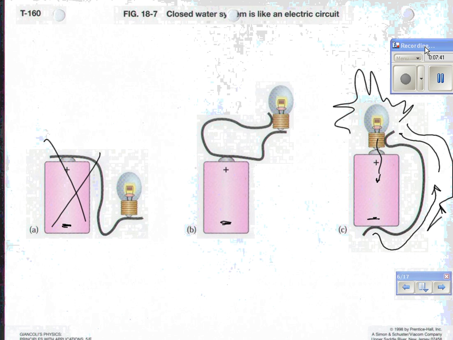They just knew something was moving. And initially, they were always drawing current from positive to negative. We still do that, even though we now know that this is what's called a direct current circuit, or DC circuit, that the electrons flow one direction from the negative to the positive. But it'd be exactly the same as if something positive went from the positive to the negative, and that's just the way we draw it. It's called conventional current. We draw it from positive to negative. Okay.